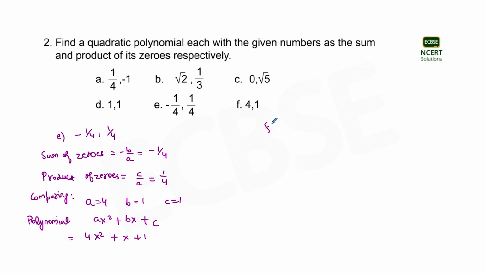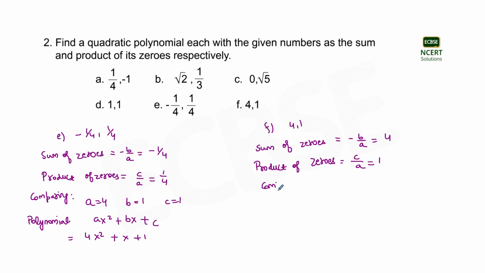Got it? Now coming to the F part, here the numbers provided are 4 and 1. So sum of zeros, which is equal to -b/a, is equal to 4. And product of zeros, which is equal to c/a, is equal to 1.